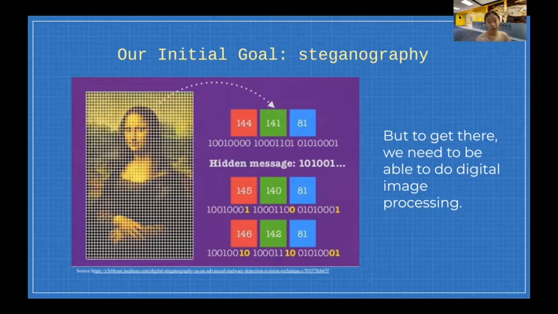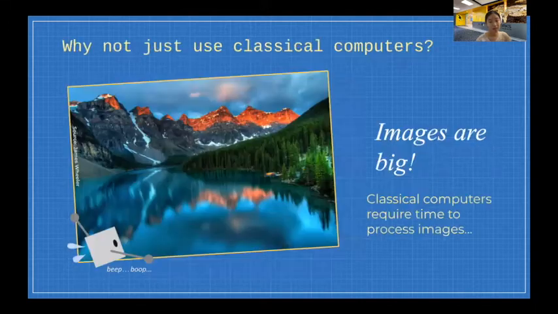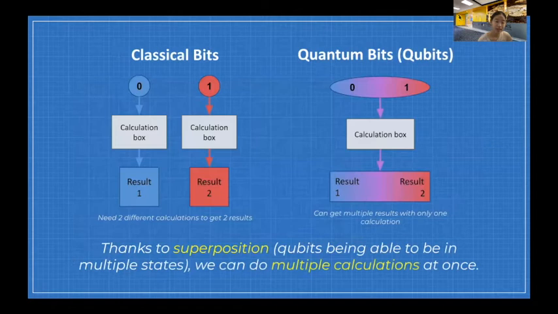But to be able to do that, we need to be able to do digital image processing. Now, the thing about doing digital image processing on classical computers is that images are big, so classical computers need time to process them. But this presents an opportunity for quantum computers, which can do tasks like these much more efficiently. As you can see here, classical computers use classical bits.